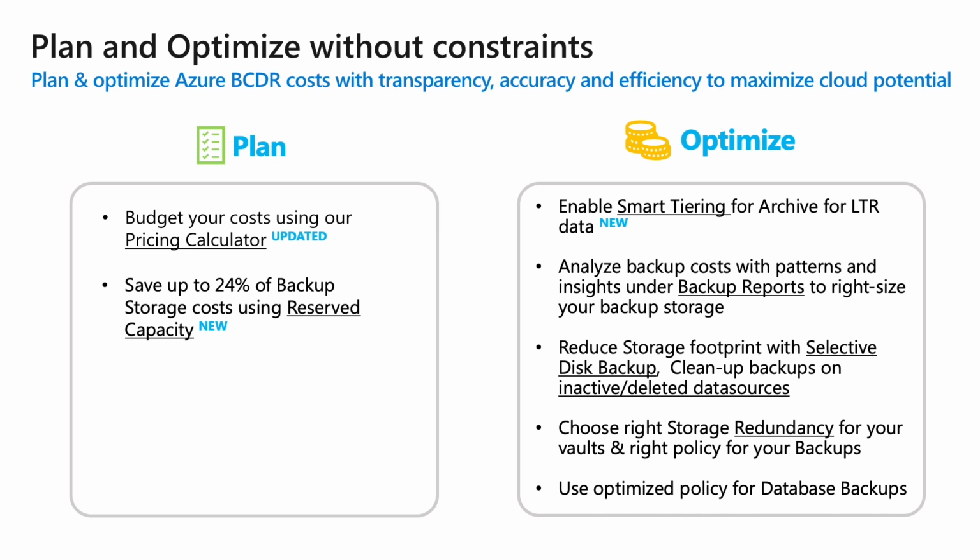Starting from budgeting for backup costs and gaining granular cost insights through backup reports, to using specific options like reserved capacity pricing and smart tiering to Vault Archive tier, and to tuning the storage redundancy and policy configurations. There are multiple ways that we will deep dive into in the next few minutes.